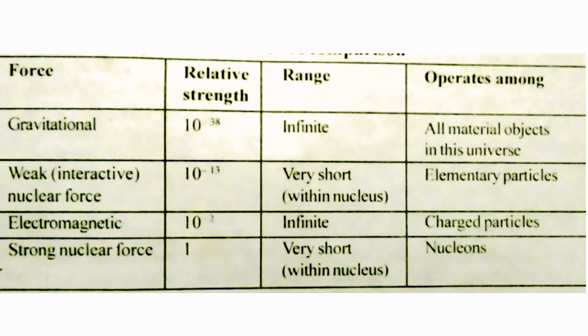Then electromagnetic force has a relative strength of 10 raised to minus 2 and infinite range and operates among charged particles. Then strong nuclear force has a relative strength of 1, range is very short and operates among nucleons.